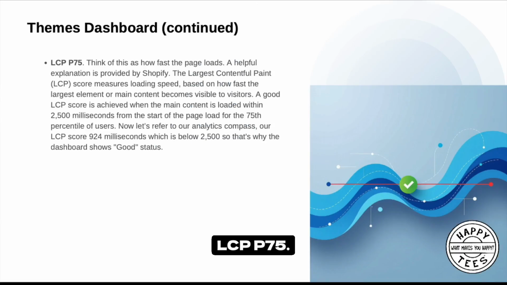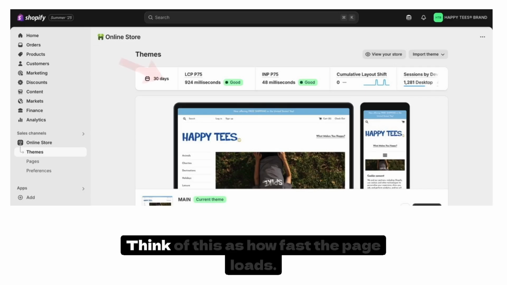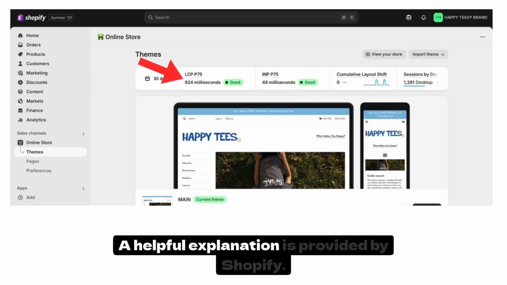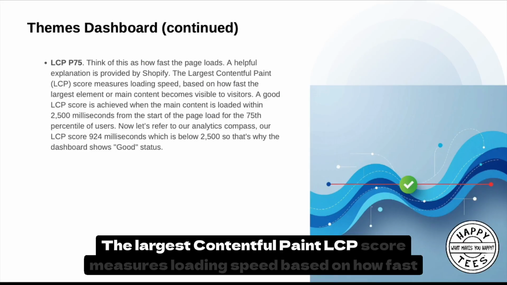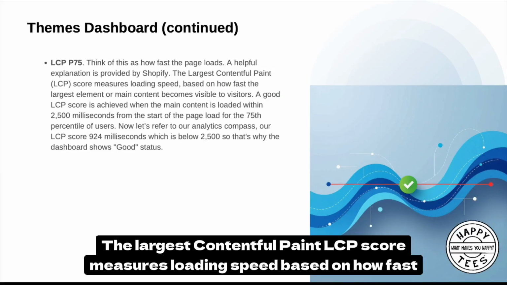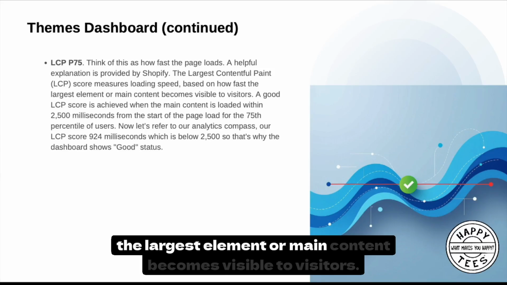LCP P75. Think of this as how fast the page loads. A helpful explanation is provided by Shopify. The largest contentful paint, LCP, score measures loading speed based on how fast the largest element or main content becomes visible to visitors.